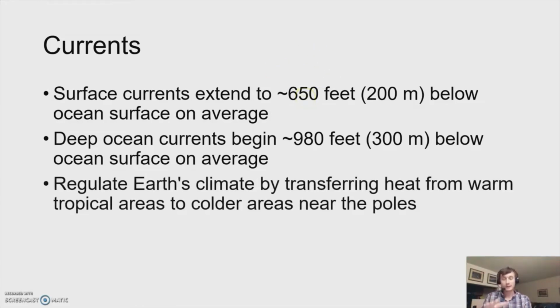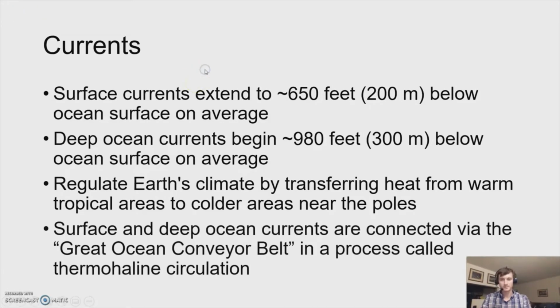These tend to regulate Earth's climate all over the place. You have certain places which are warmer than you might think, places that are cooler than you might think. A lot of the reason for that has to do with ocean currents carrying warmer or colder water, especially heat coming from warm tropical areas to colder areas near the poles. We'll do this in a bit.